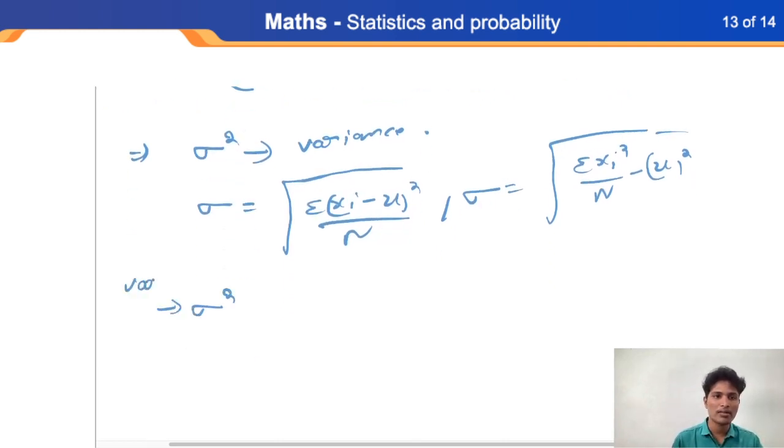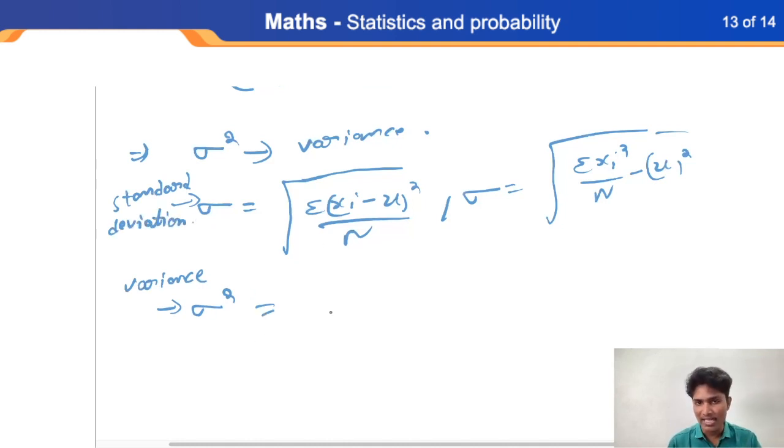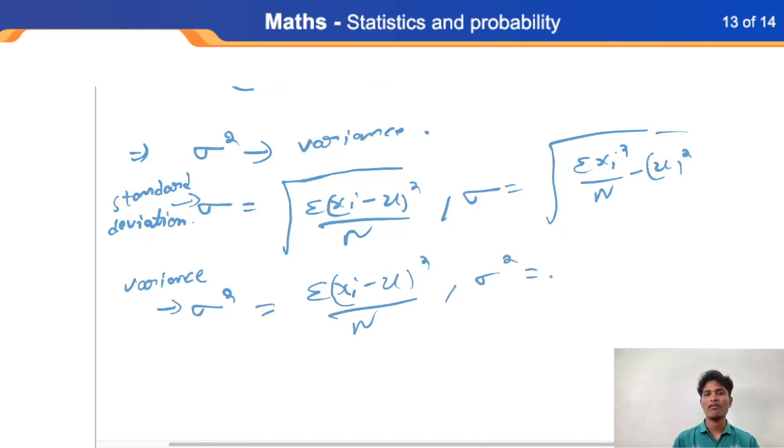This is the standard deviation. If I square this, what will I get? Sigma square is equal to sigma xi minus nu whole square divided by n, and also sigma xi square by n minus nu square.